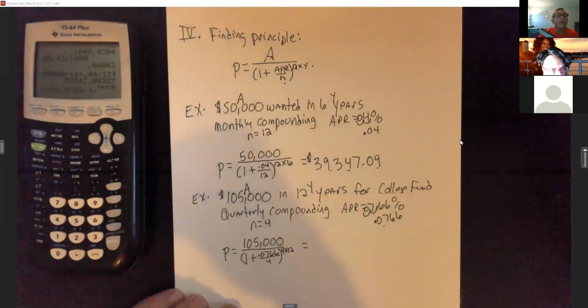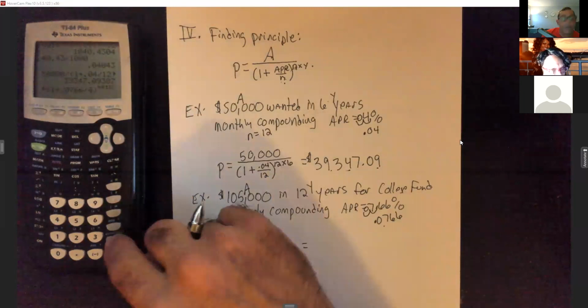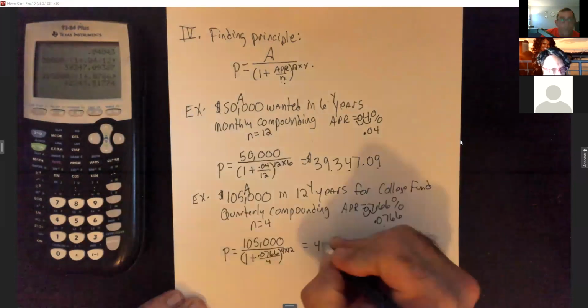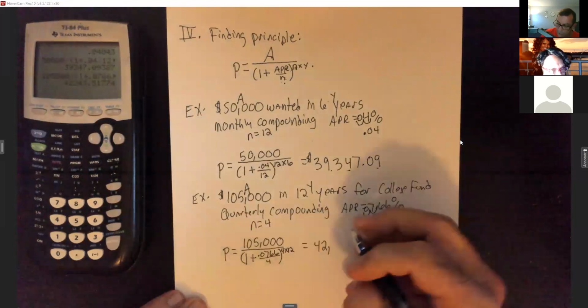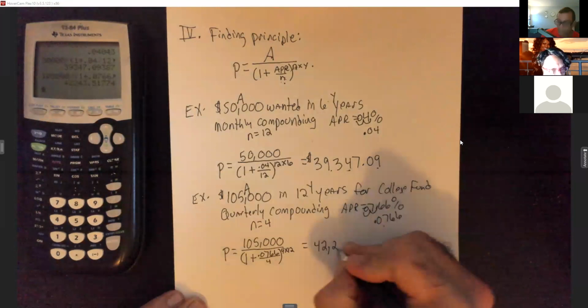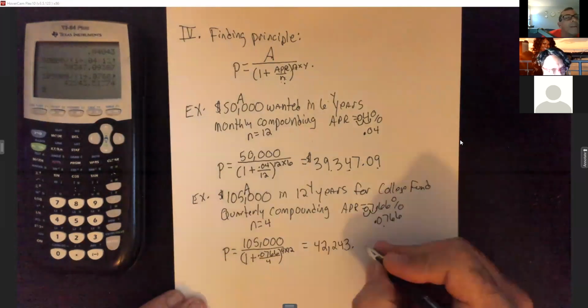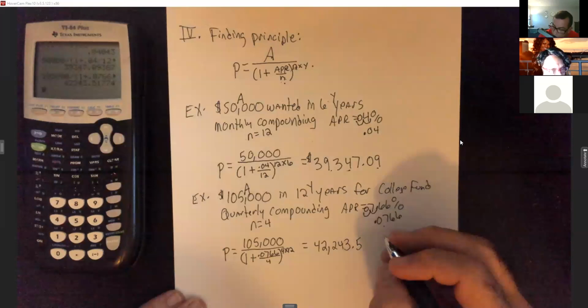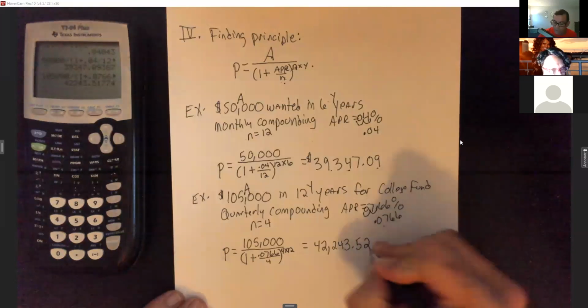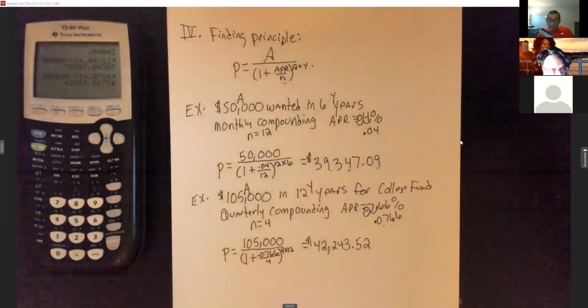So either way, hit enter, and I would have to invest $42,243.50. Ooh, that 1 has a 7, so that 1 becomes a 2. So if you want $105,000 in 12 years, you got to start with 42,000. I guess you got to have money to make money, right?